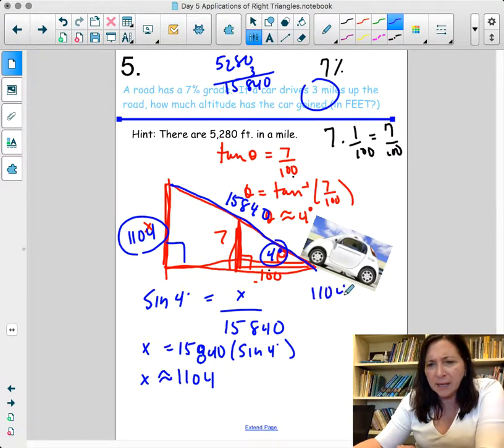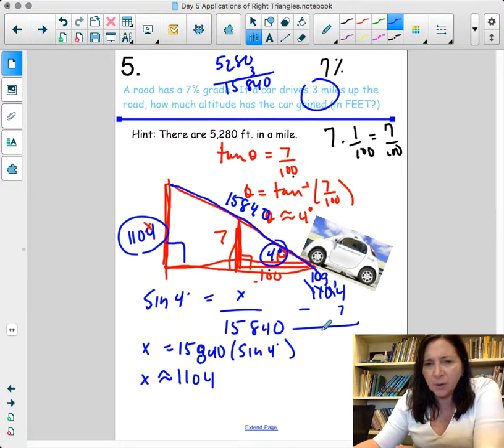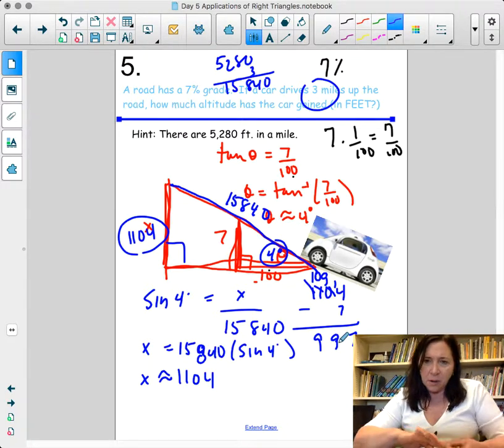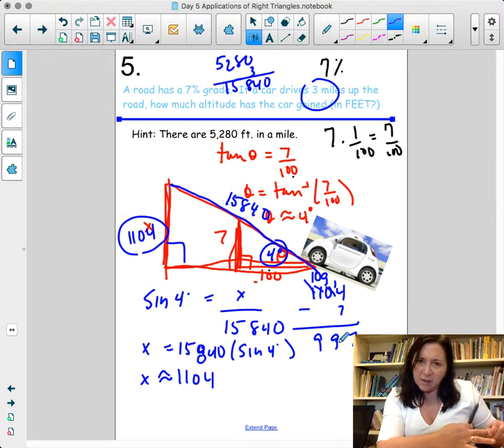So we would take 1104 and subtract 7. So borrow, that's 9. And so what is that going to be? 7, 9, and I lost my numbers. 9. Okay, so I think that's it.